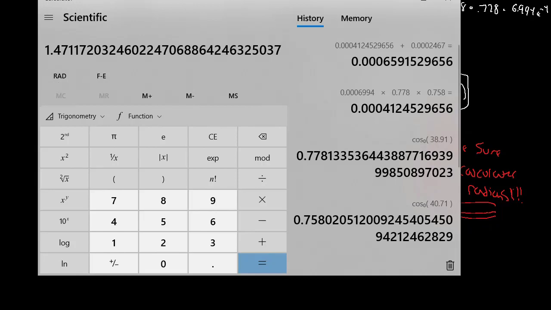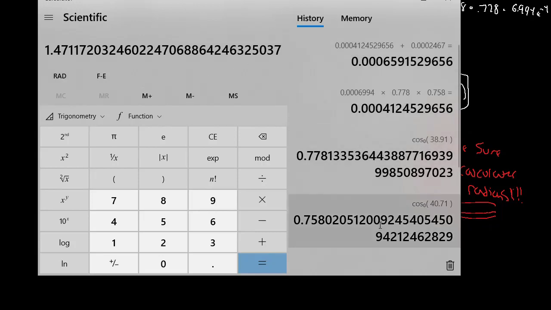To do that on the Windows calculator, where it says deg, make sure it says rad, and you can click this to change between them. Gradients, which we're not going to worry about, degrees for most of the calculation, and then for this last piece you want to make sure you are in radians.